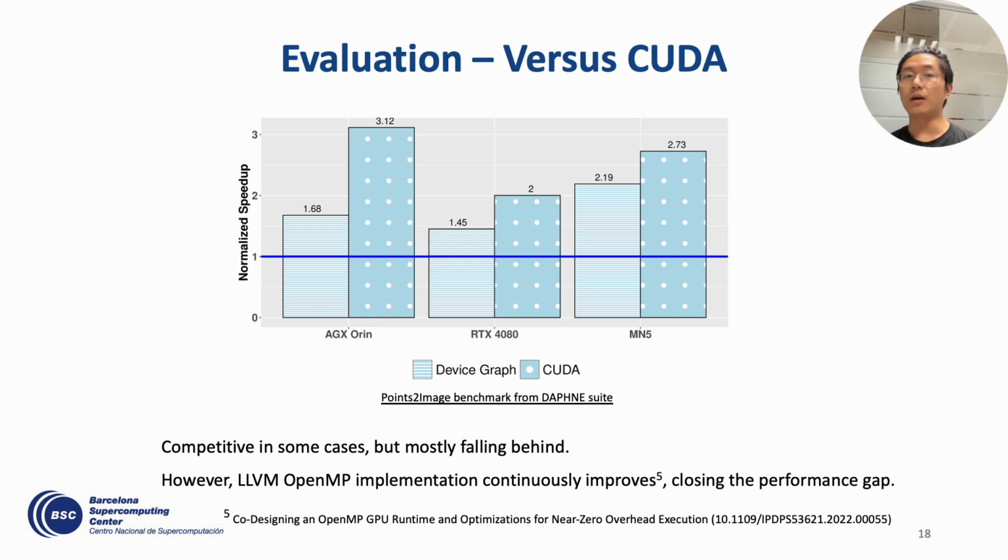But if we focus on the numbers gathered from the MareNostrum 5 supercomputing center, we see that with the device graph, we do not need to write a single line of CUDA, but still we are able to provide a final speedup of 2.2x compared to the original tasking offloading model, whereas CUDA is faster. It provides 2.7x of normalized speedup, but it requires much more effort to implement.